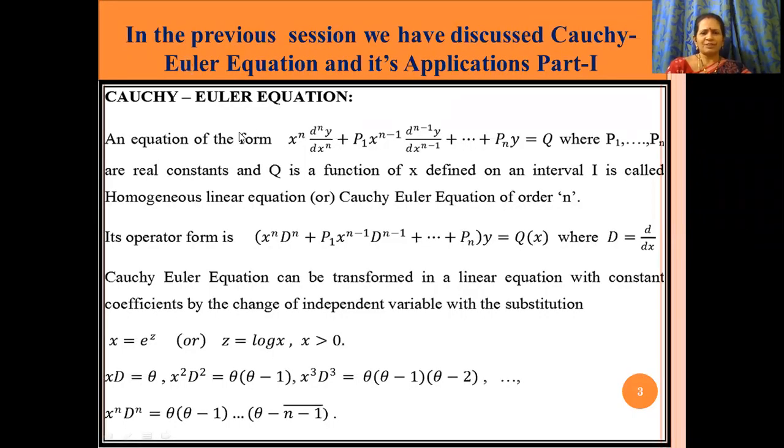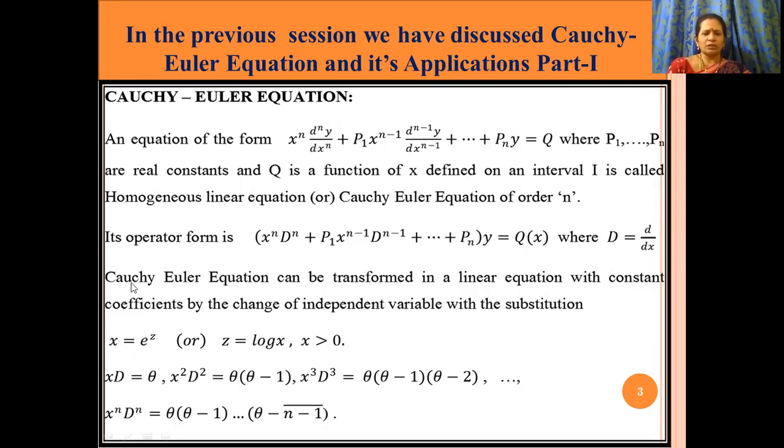In the previous session, we discussed the Cauchy-Euler equation and its application, part 1. So this is a Cauchy-Euler equation. We call it a homogeneous linear equation or Cauchy-Euler equation of order n. Here D is the derivative, that is, the differential operator d by dx.